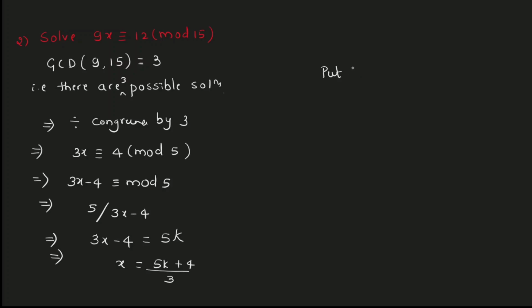It is not satisfied. So now we'll check it for 1. When you put k as 1, 5 plus 4 is 9. 9 by 3 is 3. Yes. So when k is equal to 1, x is equal to 3. Therefore, x is congruent to 3 mod 5.